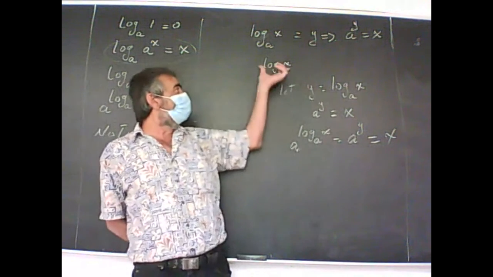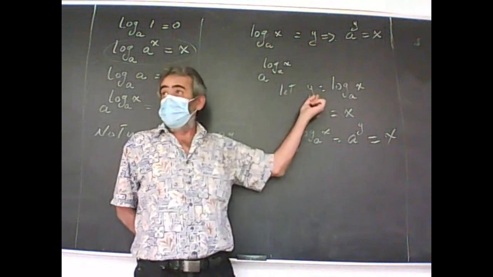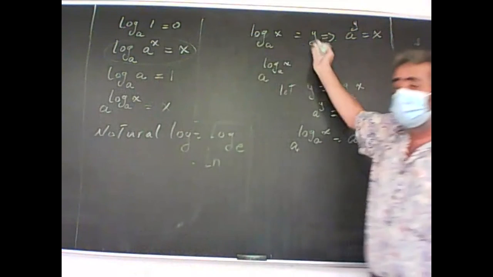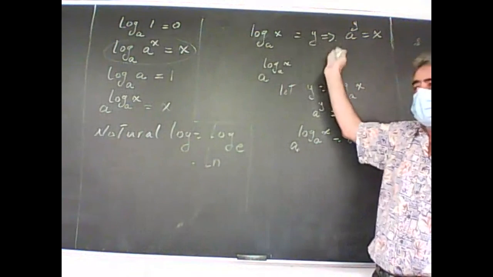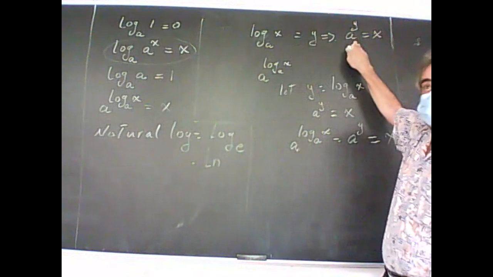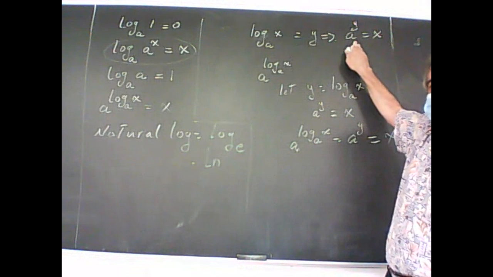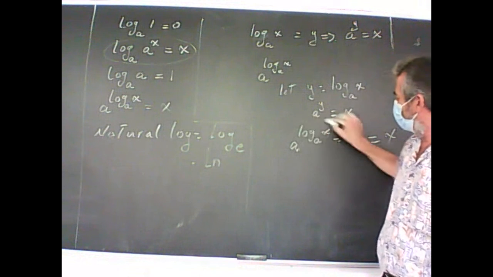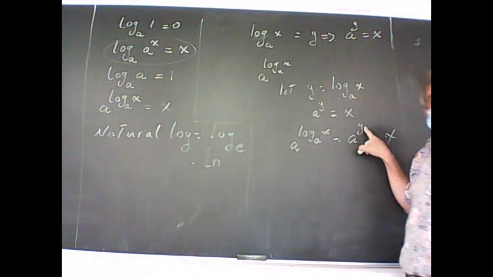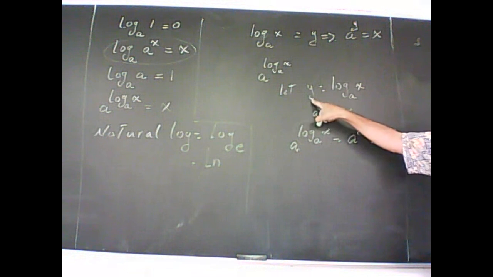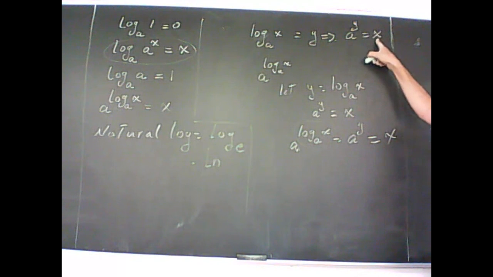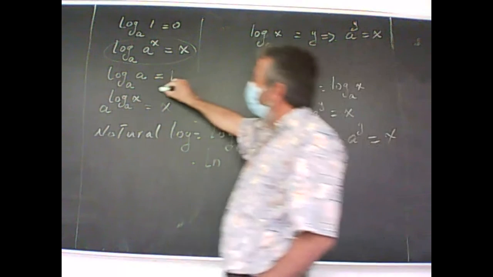First I assume this to be some number, and based on the rules of logarithmic and exponential, we can say this is true. Then I change this to y, because that's what I called it, and therefore a to the power y is equal to x.